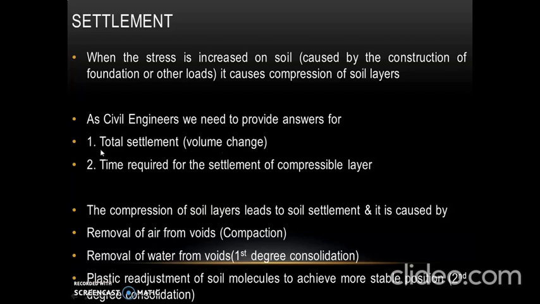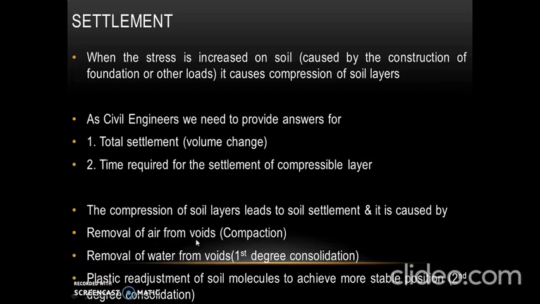So we need to know how much will be the total settlement of the soil due to the construction of any structure. And also we need to know how much would be the time required for the settlement of the soil mass. The compression of soil layer will lead to settlement, and it is caused by either removal of air from the voids or by removal of water from the voids.